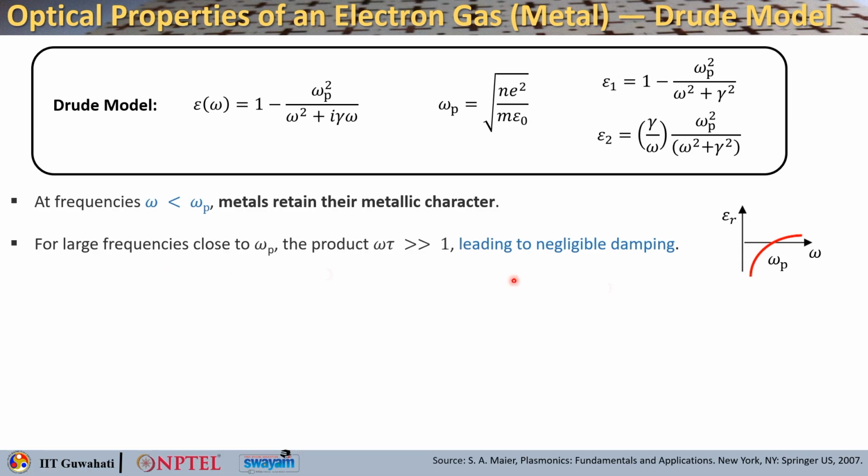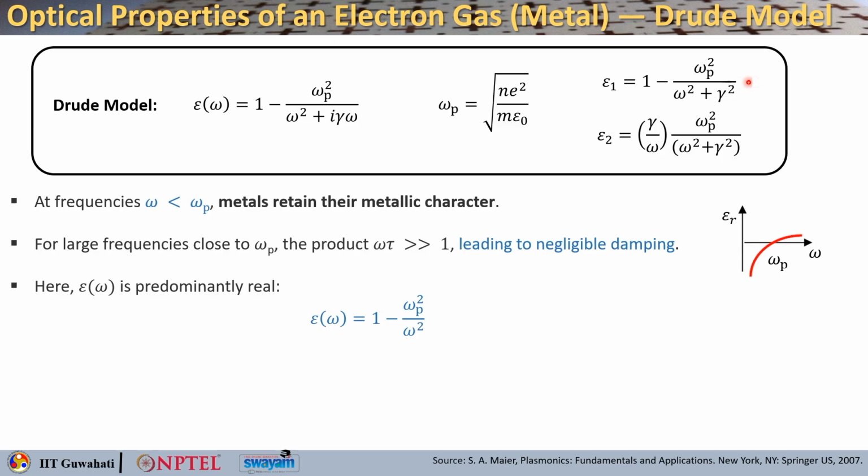But for larger frequencies, close to the plasma frequency, the product omega tau will be much greater than 1, which leads to negligible damping. In that case this particular term will become predominantly real, and you will have epsilon of omega equals 1 minus omega p square by omega square.